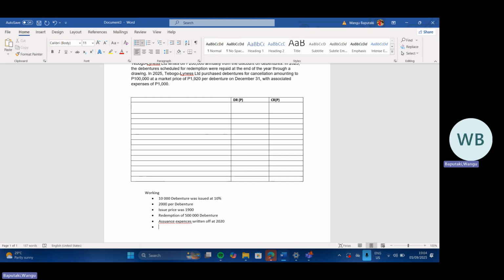Then there was an amortization written off amounting to 200,000.